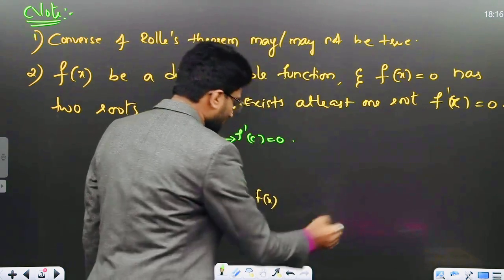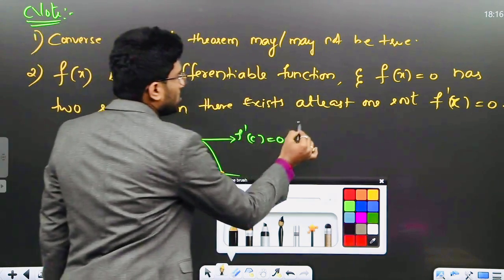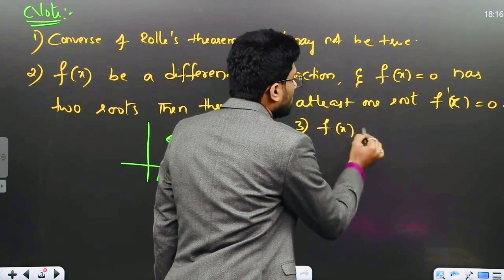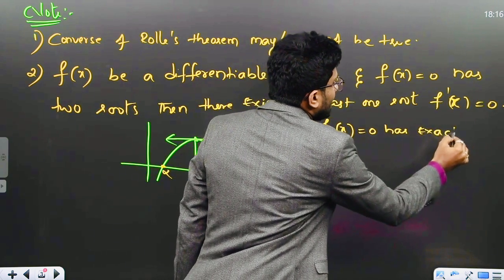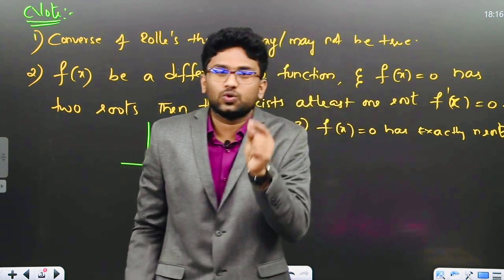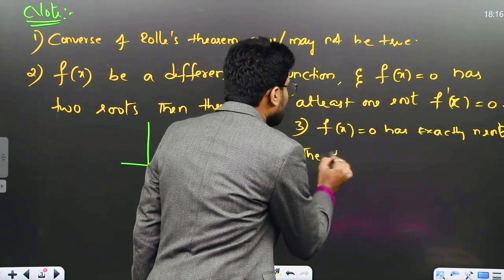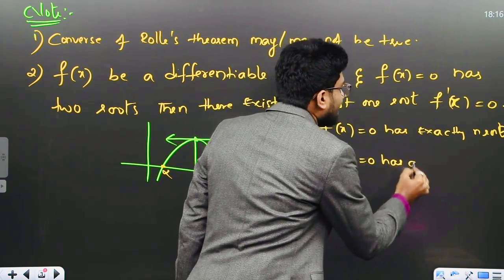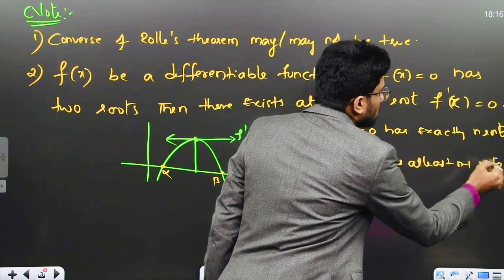And one more most important point, point number 3: if f of x equals 0 has exactly n roots, then f dash x equals 0 has at least n minus 1 roots.